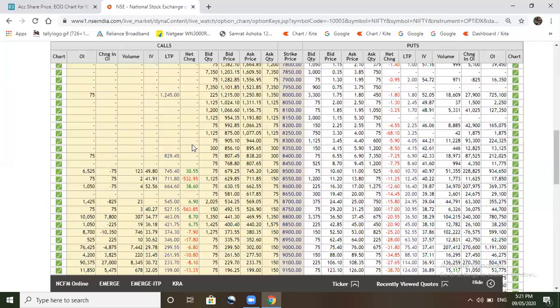Now, the first thing is how to find support and resistance. One thing you have to remember is that on the call side, the strike at which there is the highest open interest will act as a resistance. And on the put side, the strike at which there is the highest open interest will act as a support.